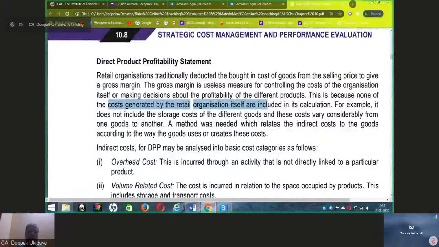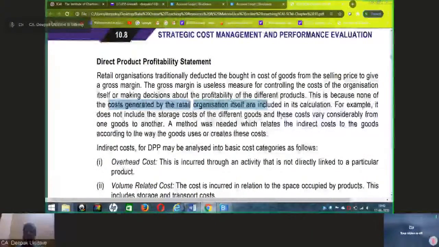For example, it doesn't include the storage cost of different goods, and these costs vary considerably from one product to the other. Storage costs are not included in the gross margin. Gross margin will deduct only the bought-in cost, the procurement cost of that particular product.